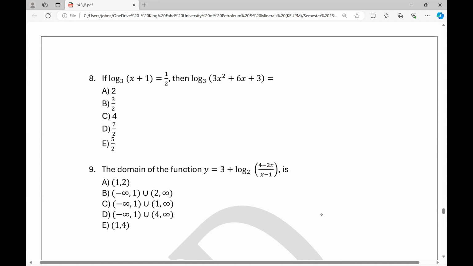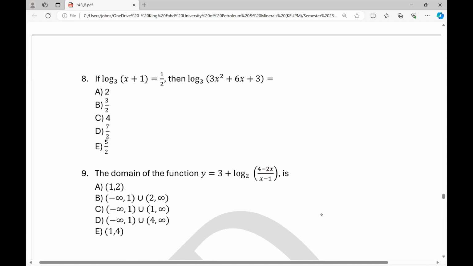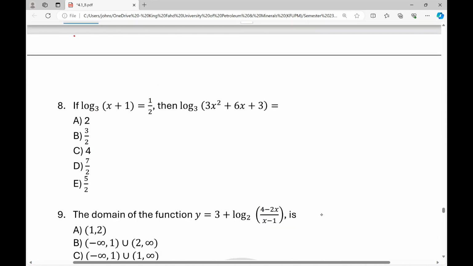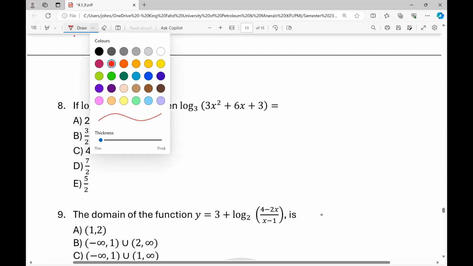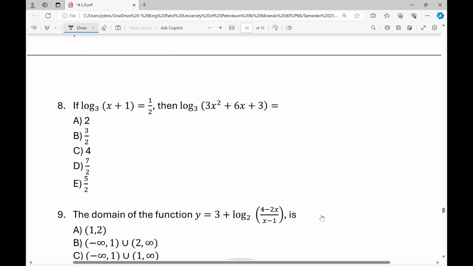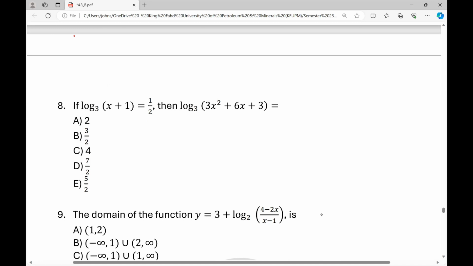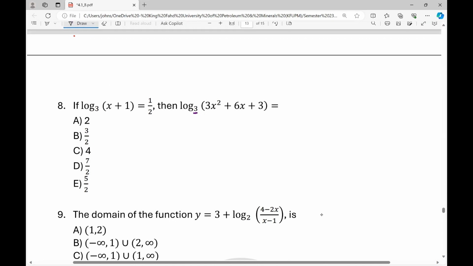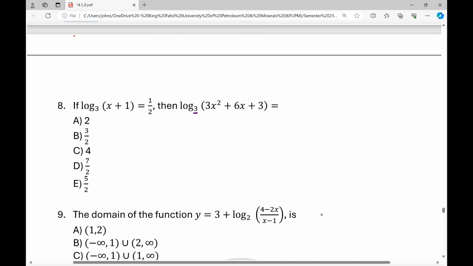So for number 8, what do we do here? It's still similar. We have this one. This is log to base 3 of x plus 1 is equals to half. And we want to find this one. So the bases are the same, so there's no problem. But if you look at this, we can rewrite these as what?